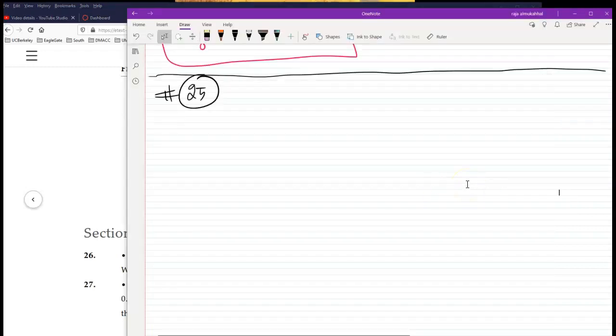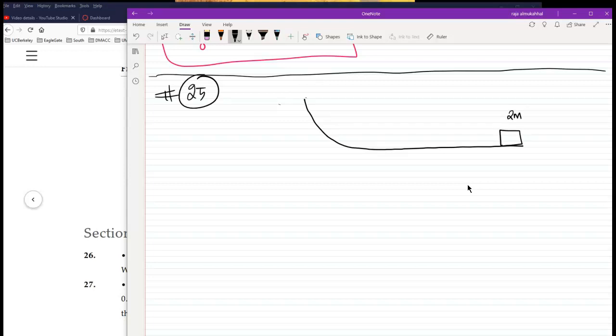Okay, so I'll go to my notes. Let me draw a picture for you. I have something like this. Here is the mass, the block 2m, and then here is the block m.